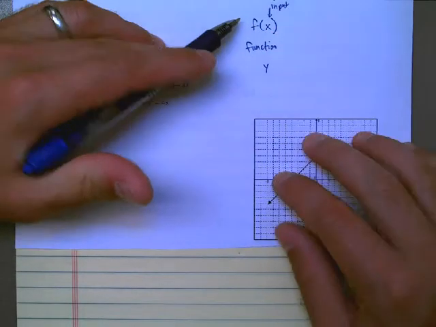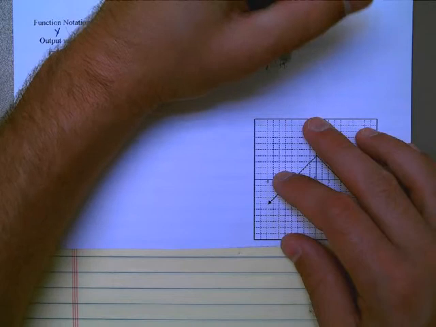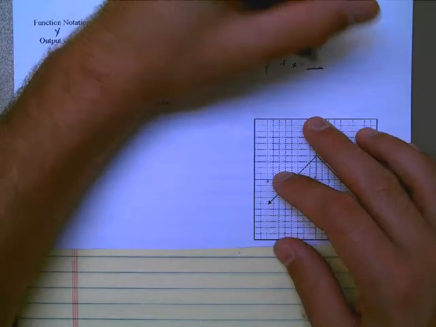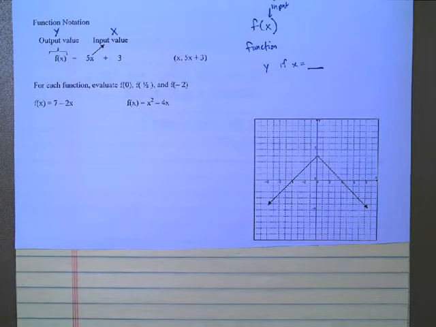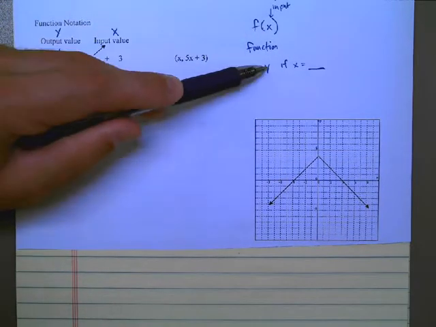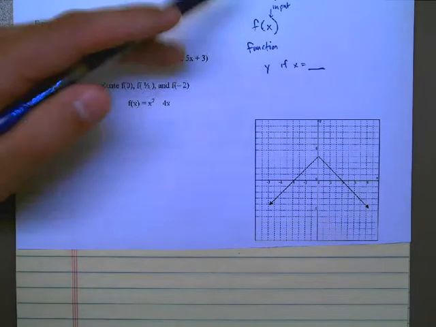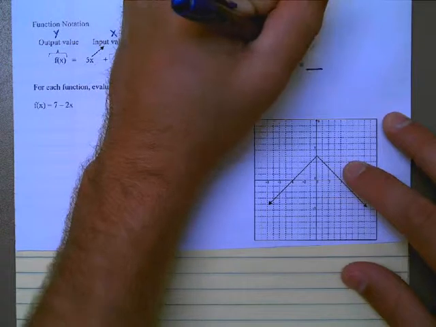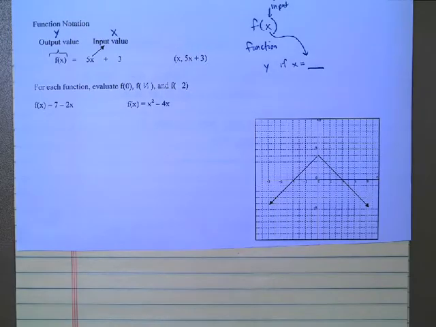What is the function equal to if I put this value in as the input? Okay, what is y if x is equal to this number here? If that makes any sense at all, you should be able to do these problems. It's actually fairly simple.